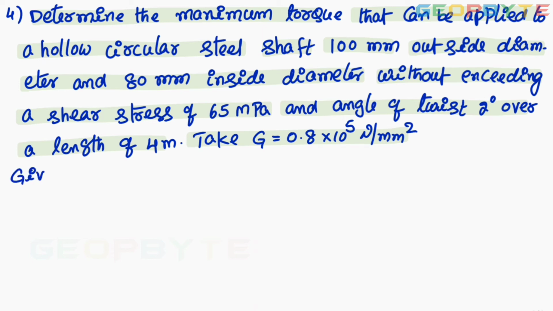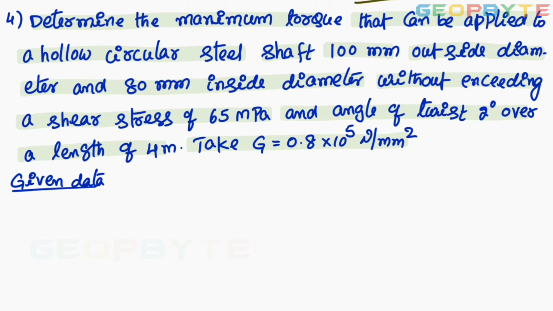Given data, determine the maximum torque that can be applied to a hollow circular shaft. Outer diameter, capital D, equal to 100 mm.